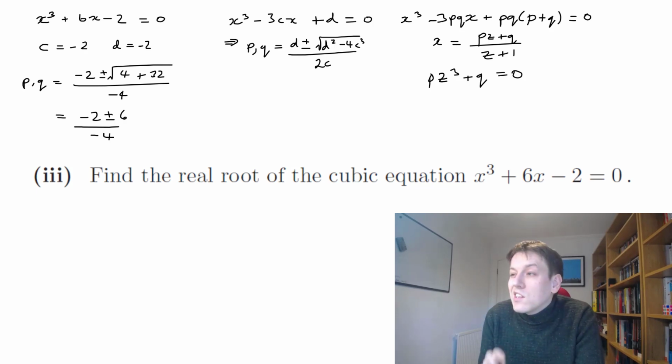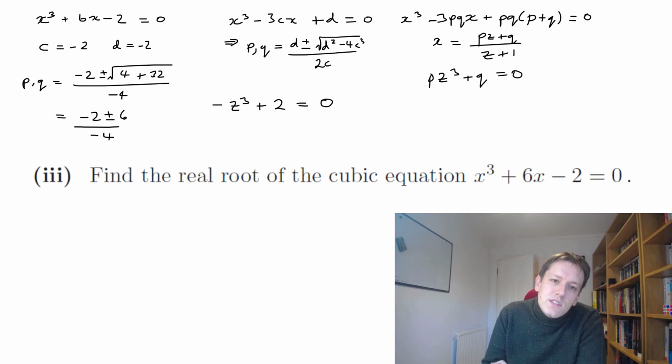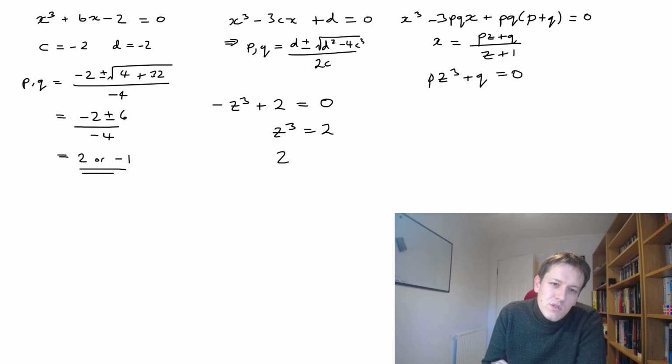And so these can be p and q either way around. So I go back to the equation in part 1, and I've got p z cubed plus q equals 0. Let's put p equals minus 1 and q equals 2, and then this gives us that z cubed equals 2, so z is the cube root of 2.